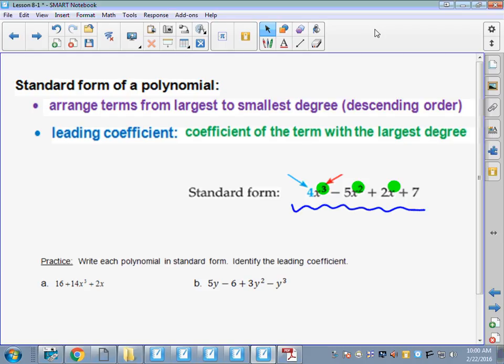It's my highest exponent. That 4 out in front is my leading coefficient. That's the number in front of the term with the highest degree. So if you notice the practice problems, it says write each polynomial in standard form. Identify the leading coefficient. So once I put it in standard form, I'm just looking for the number in front of the highest or the first term.